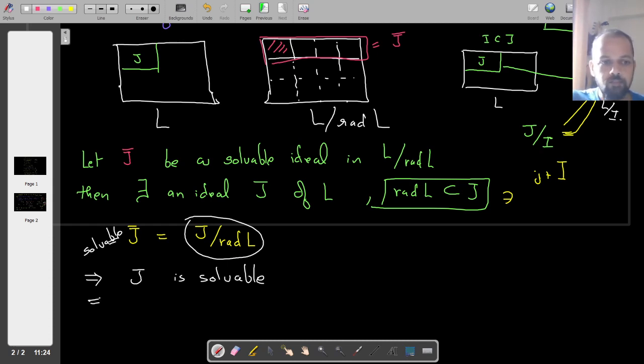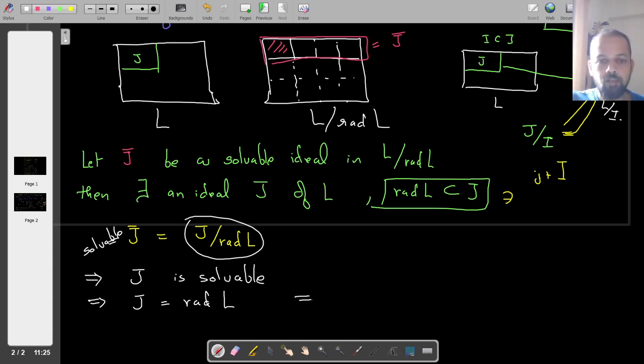So this implies J actually is equal to radical L. Radical L was supposed to be inside here, and it's equal. Now if J is equal to radical L, then what is the quotient? Say, a group and the normal subgroup, or the ring and the ideal, when these two are equal, the quotient is only 0, because there is nothing that can come in the quotient.